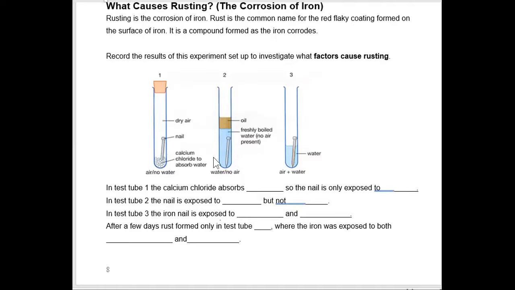So this test tube here is water and no air, well, very little air.